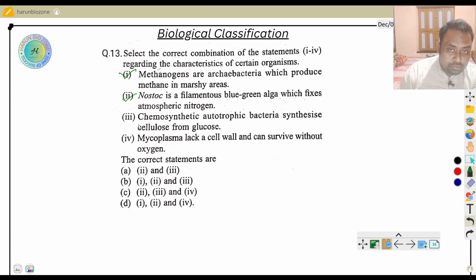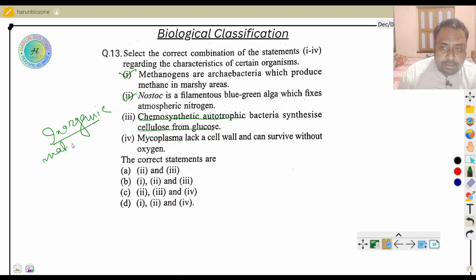Chemosynthetic autotrophic bacteria synthesize cellulose from glucose. Here chemosynthetic means the bacteria that use inorganic material as the source of electrons.